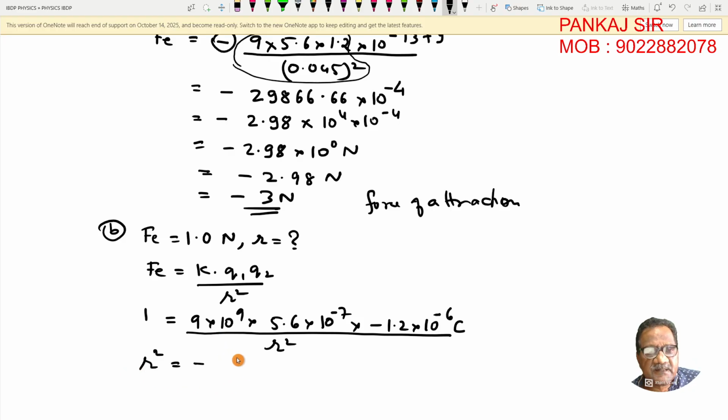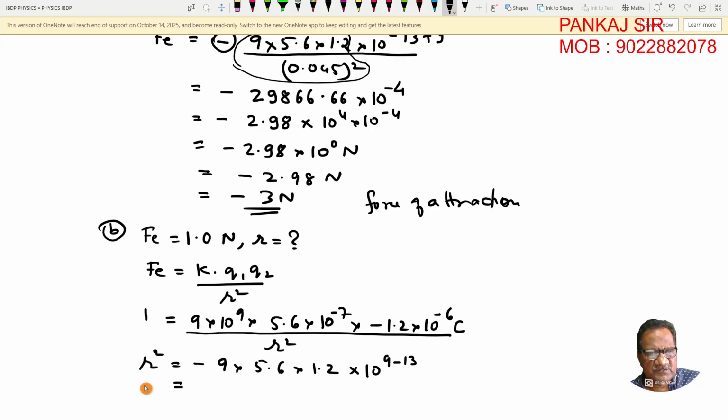And your remaining things is 9 I am going to write here, 5.6 into 1.2. Okay, times now 10 powers, I'll take 10 raised to 9 minus 6 minus 4 is minus 13. Right, 9 minus 13. That's it.